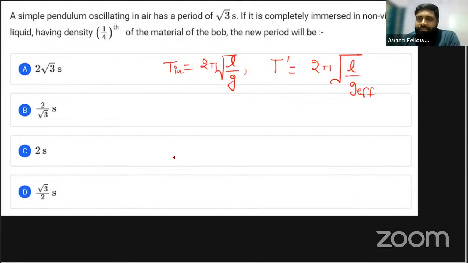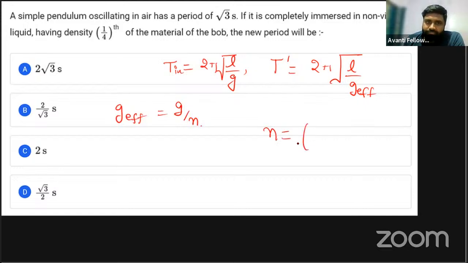And how to calculate this g effective? g effective is g by n, and n is nothing but 1 minus density of material, capital D, by density of liquid.